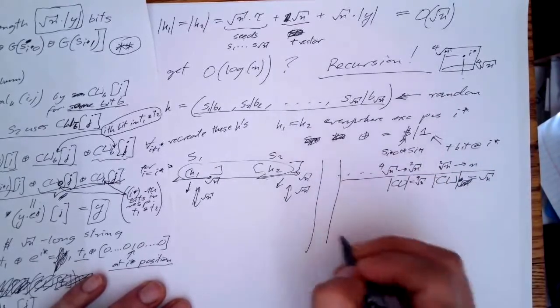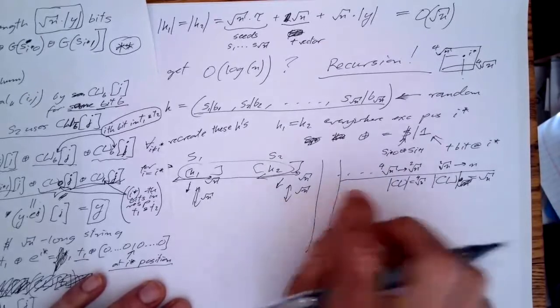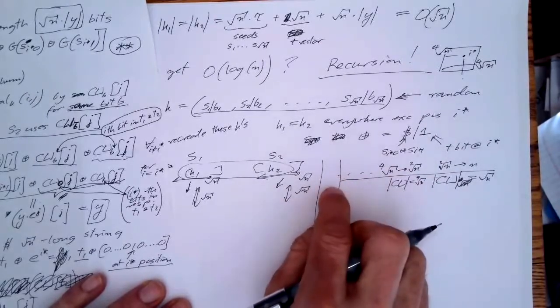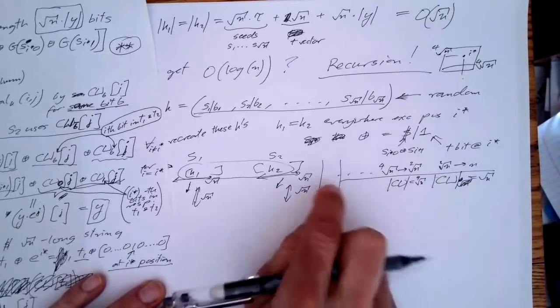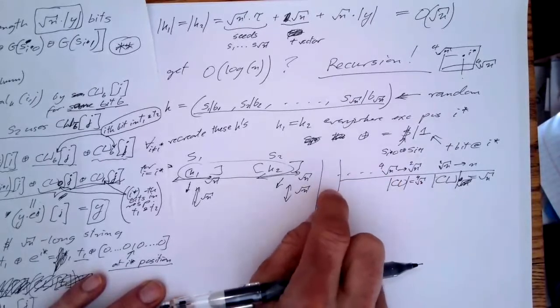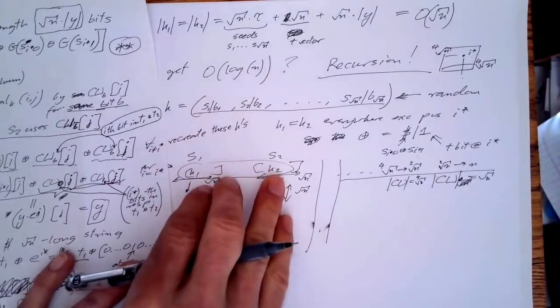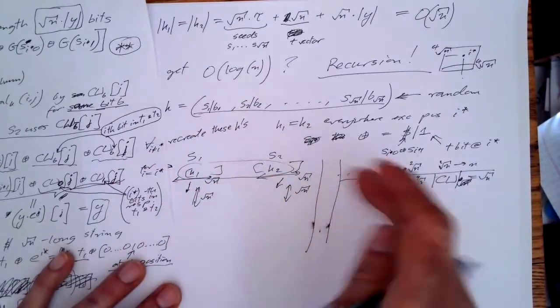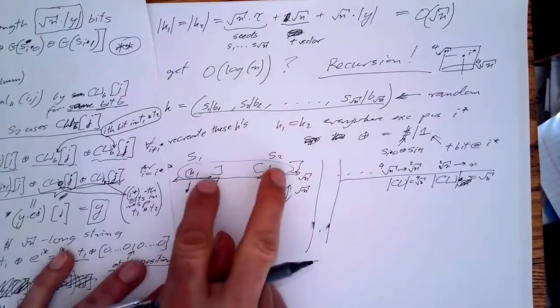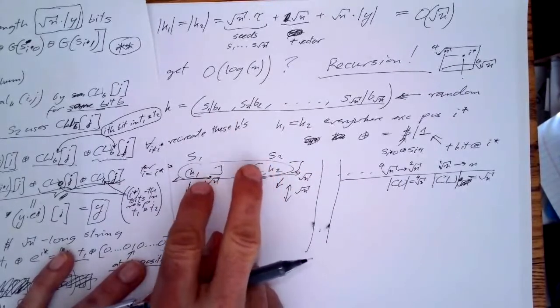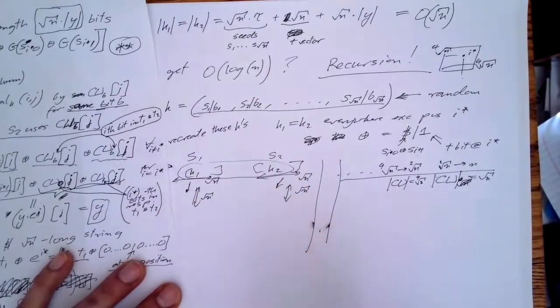And eventually you stop at some place where it's a small initialization where you just simply give these keys. But this is whatever root of n you're happy with, and then the solution works recursively.